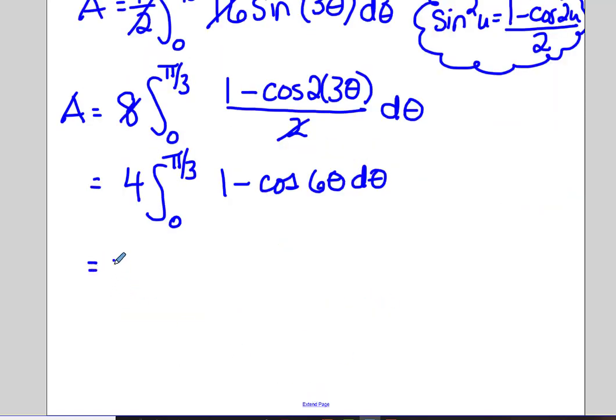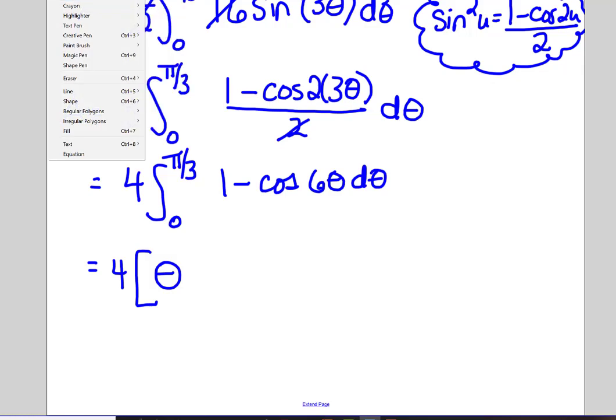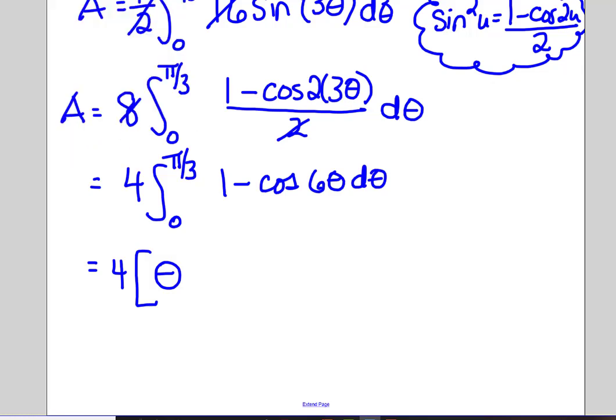And then integrating, we have 4 times the quantity θ minus 1/6 of sine of 6θ from 0 to π over 3.